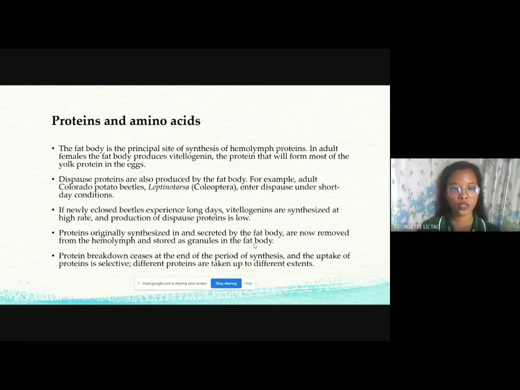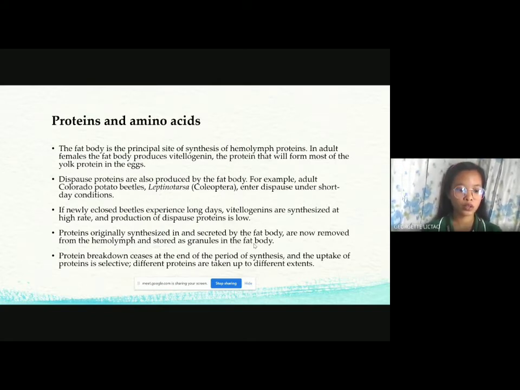Diapause proteins are also produced by the fat body. An example is the adult Colorado potato beetle, Leptinotarsa decemlineata, which produces diapause proteins under short day conditions. If newly eclosed adults experience long days, beta-alanine is synthesized at a high rate and production of diapause proteins is low.